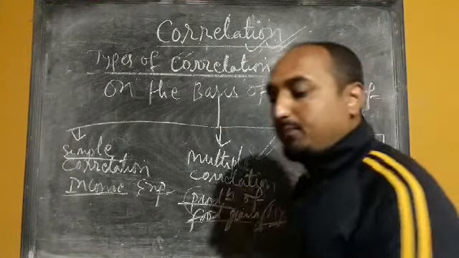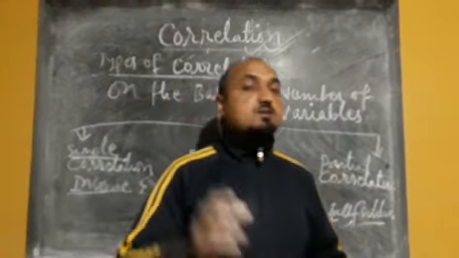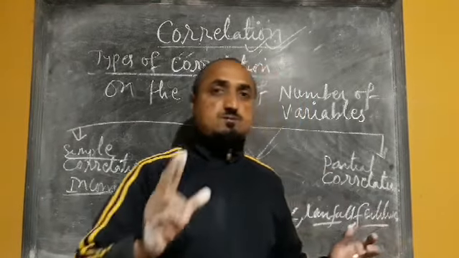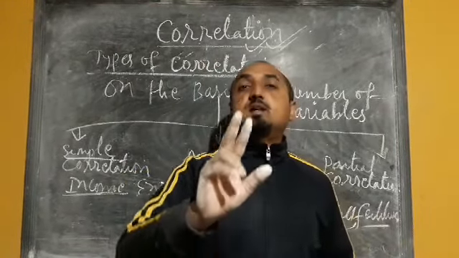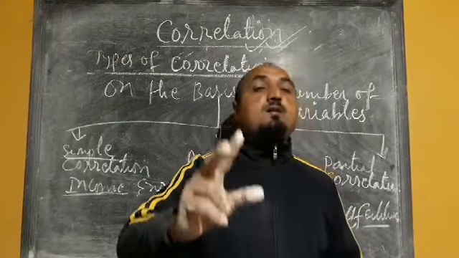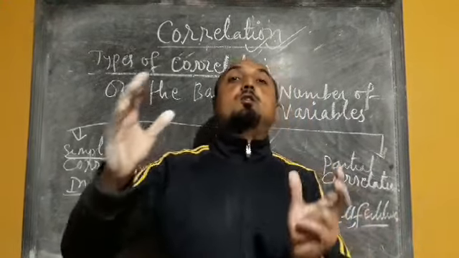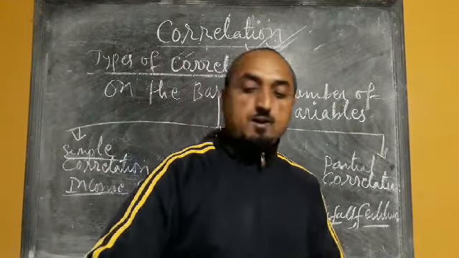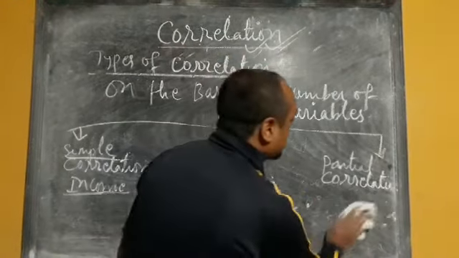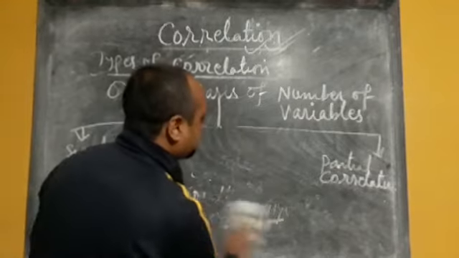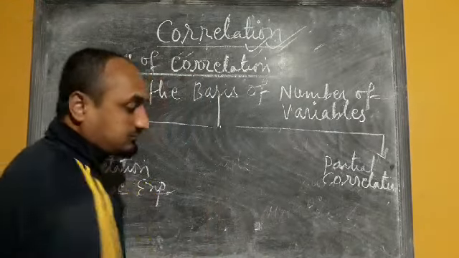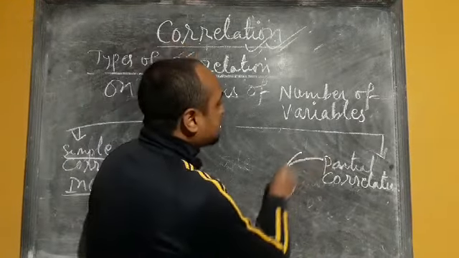Now next one we have partial correlation. In the case of partial correlation, we show only the relationship between the two variables, and the impact of other variables is considered as a constant. Okay, when we explain the law of demand, now I will explain this concept of partial correlation.